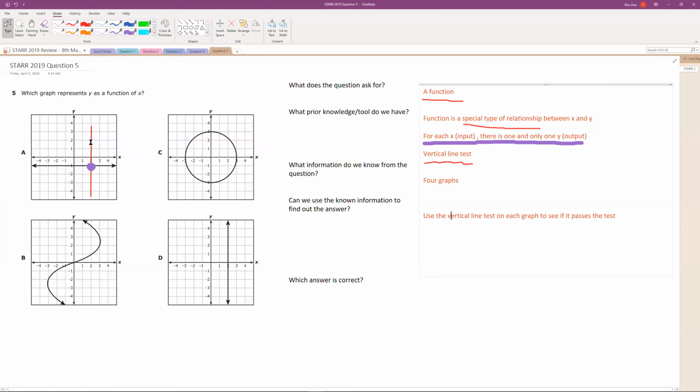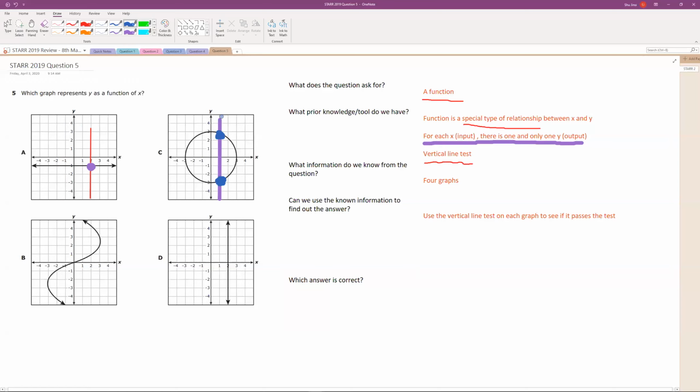We have done the vertical line test on graph A, and it seems to pass the test. Wherever I move this vertical line, there's always just one intersection. Next, let's try graph B. If I draw a vertical line here, you will see there are 2 intersections.